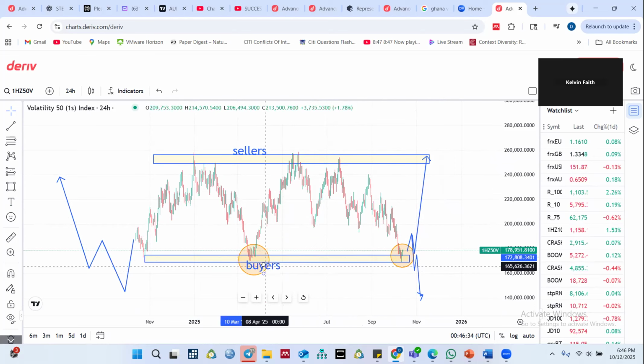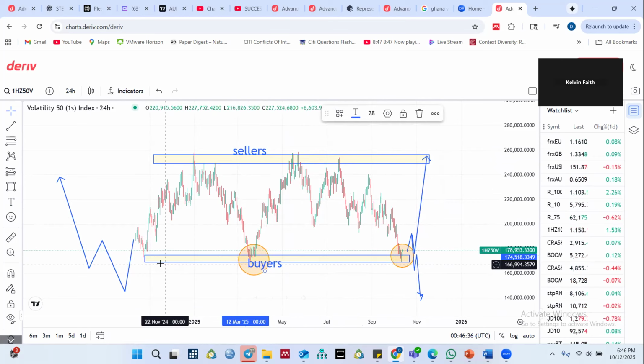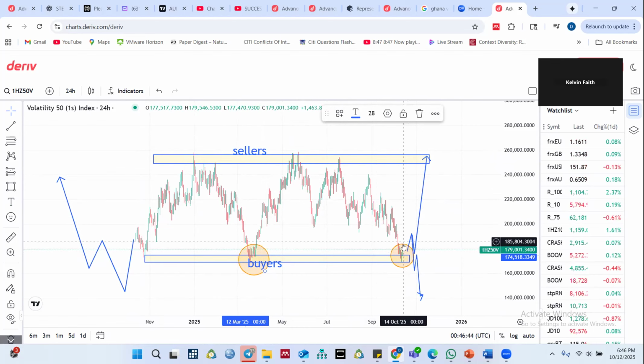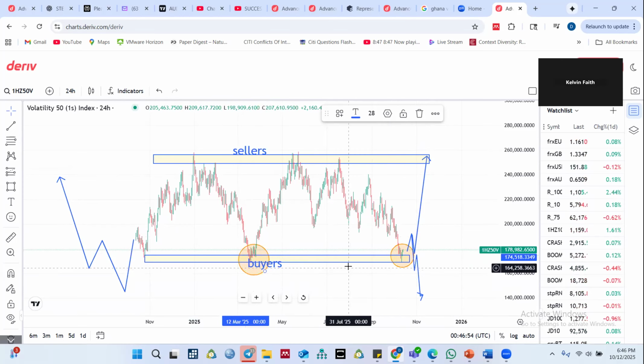So one, the understanding is that this place looks like a support because price hit here and we have seen a reaction. So this is an early reaction. We don't know if it's going to hold and go up, or it's going to just retest and then keep breaking down. We don't know yet. But we understand that there are buyers sitting here.